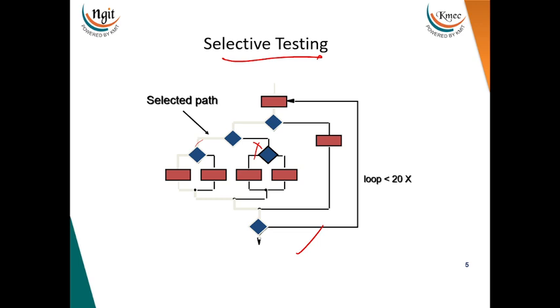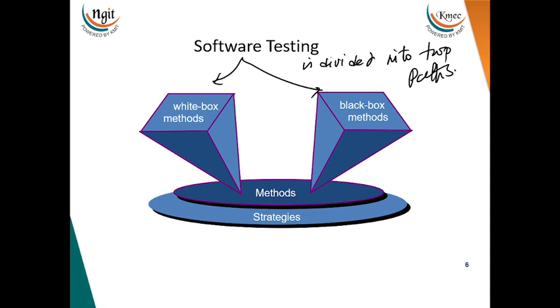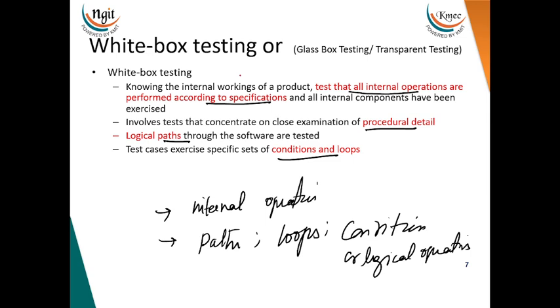If you have gone through programs in C, C++, Python or any language, software testing is divided into two parts: white box testing and black box testing. The method strategies are divided into two parts. We are going to see white box testing, which we can also call glass box testing or transparent testing. So don't get confused if they ask you about glass box testing or transparent testing.